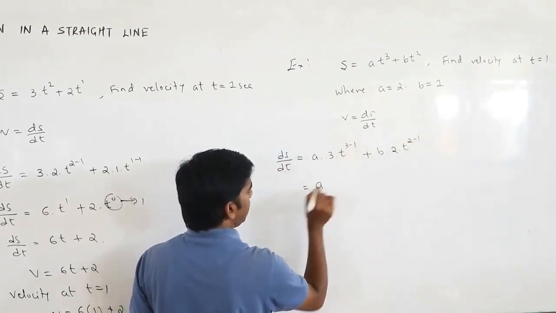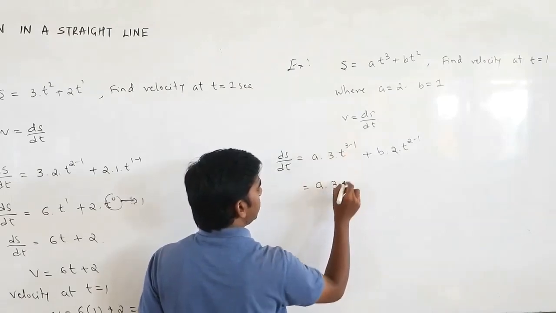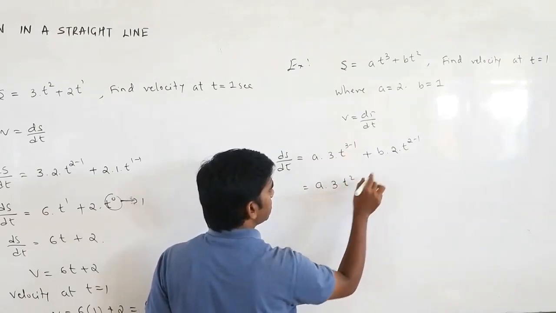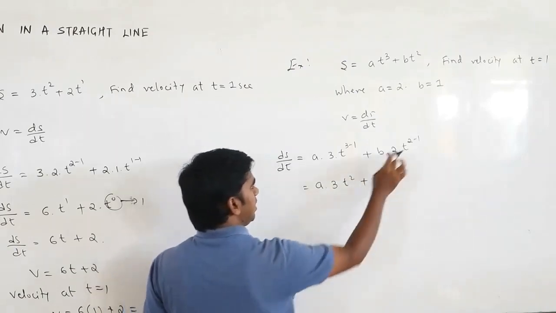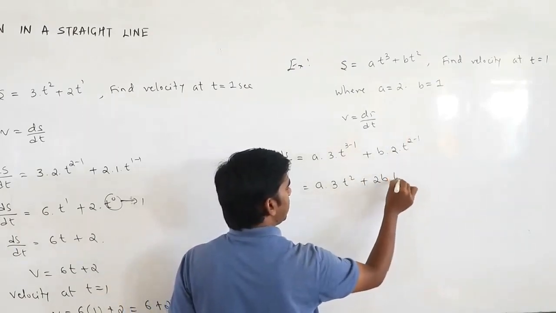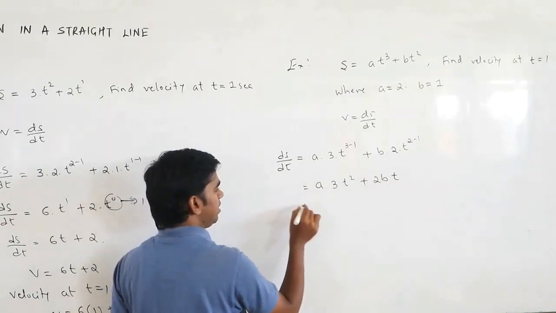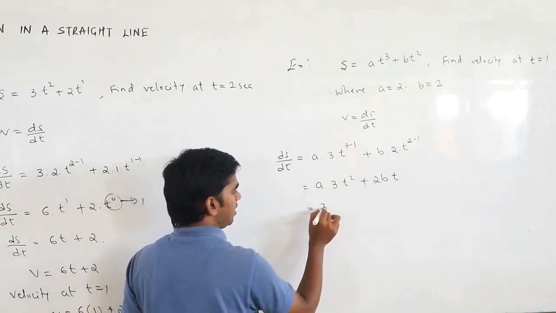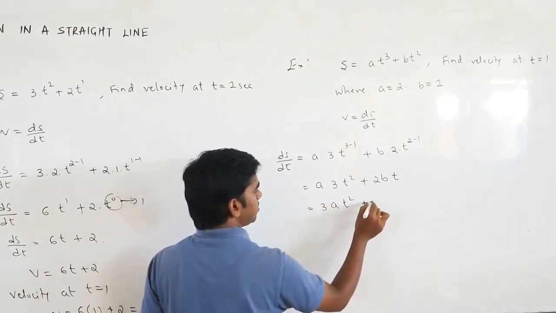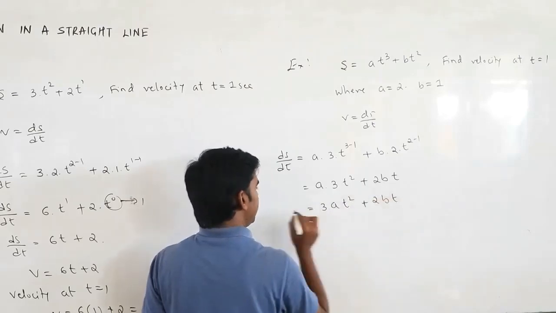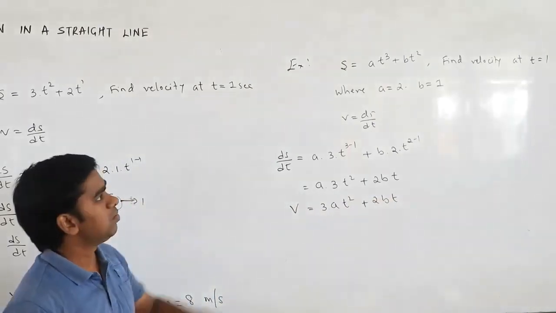So a into 3t squared, plus b into 2 will become 2b, and t raised to 2 minus 1 will become simply t. So this is ds by dt, which you can write as 3at squared plus 2bt. This is the general velocity.